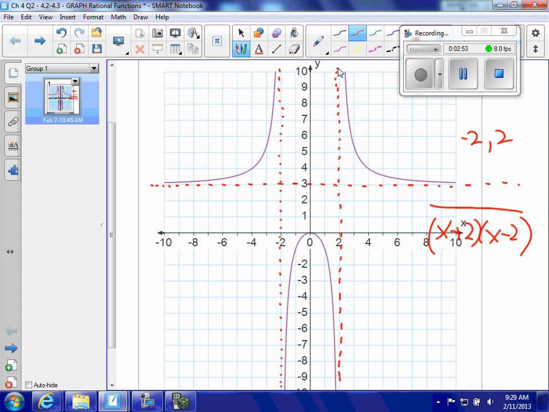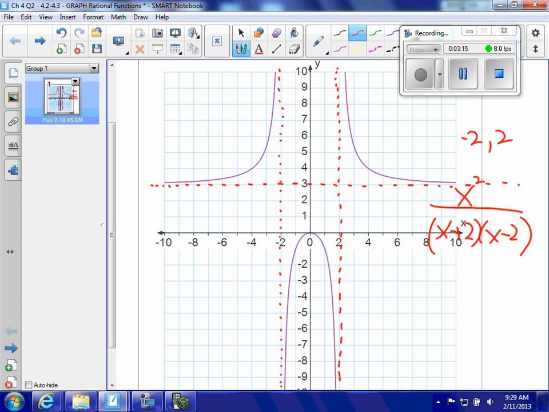So it's telling me that my rational function is going to be improper with the same power of x in the numerator as in the denominator. Does that make sense? Okay. So I know my denominator is (x plus 2)(x minus 2), which is the same thing as x squared minus 4, so my numerator is going to be some multiple of x squared.